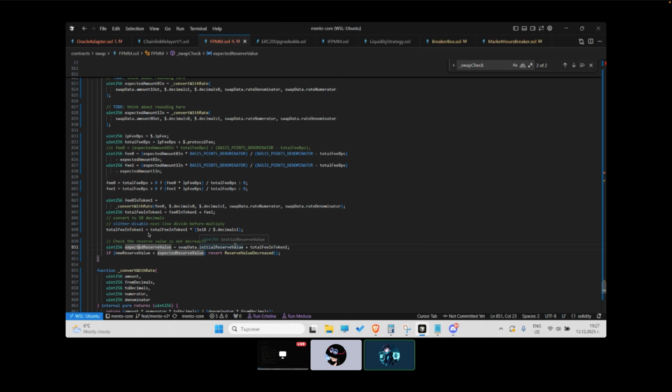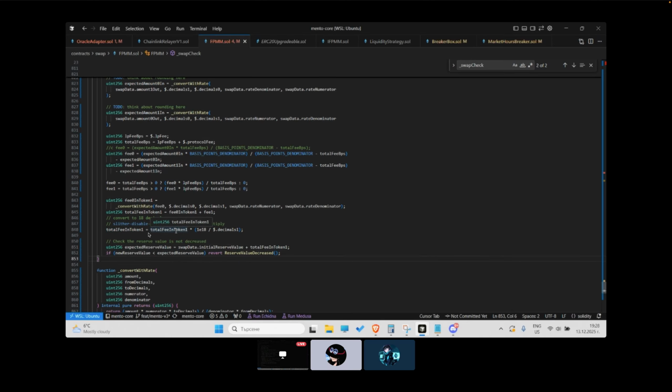So it's the initial reserve value plus total fee in token 1. Why are they calculating it if they are not going to transfer it?